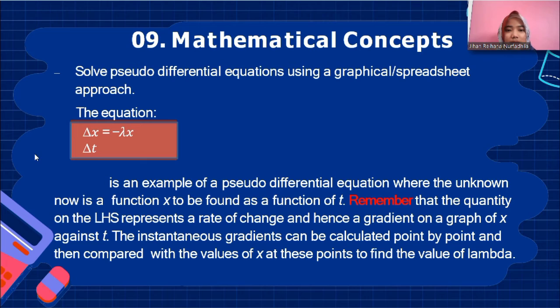Remember that the quantity on the left-hand side represents a rate of change and hence a gradient on a graph of x against t. The instantaneous gradients can be calculated point by point and then compared with the value of x at this point to find the value of lambda.